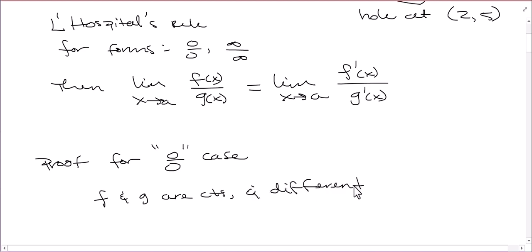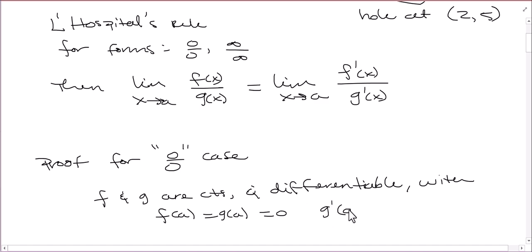We have to have the derivative exist so that we can take the derivative, with f of a equals g of a, which equals 0. And let's make a note that the derivative g prime of a is not 0.